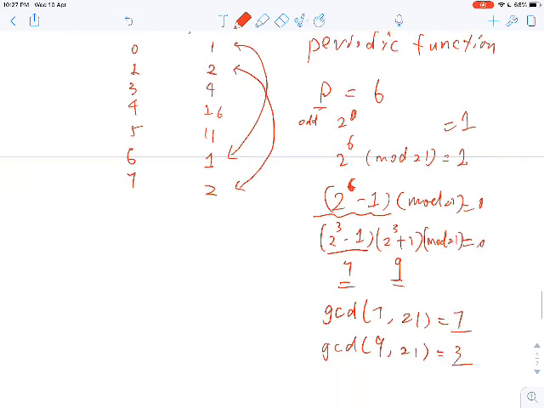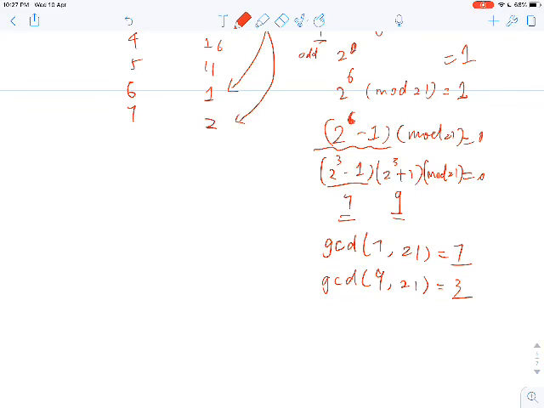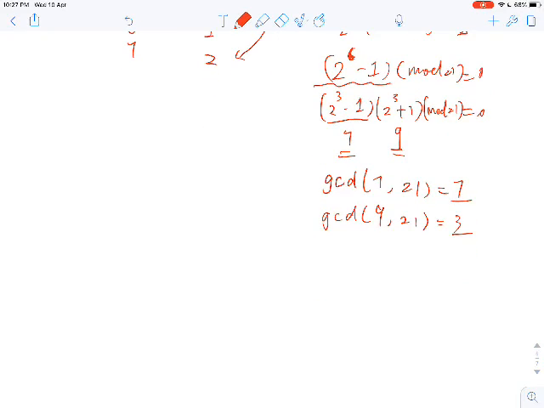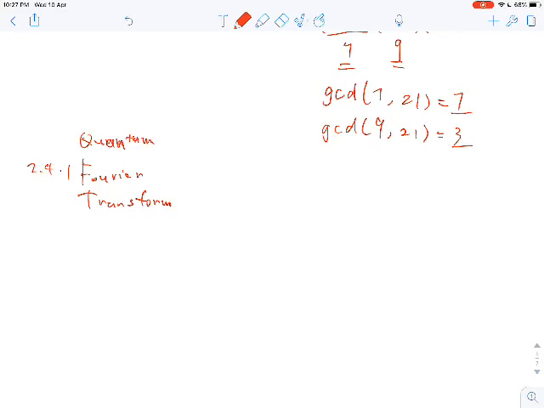Now let me introduce what the quantum algorithm, what the Shor algorithm does. And first, one part is the quantum Fourier transform. Fourier transform sounds very cool, very difficult, and we write the inverse of the quantum Fourier transform.